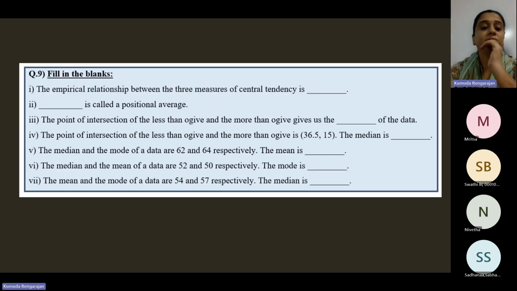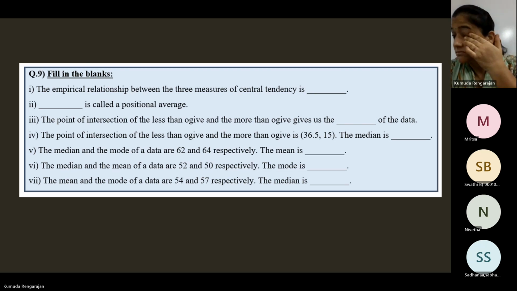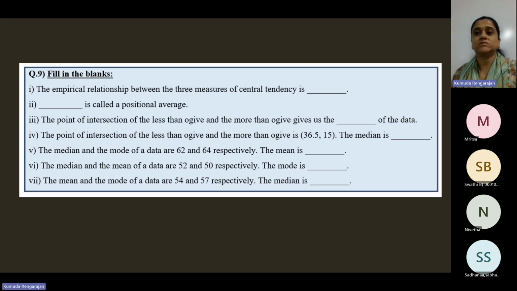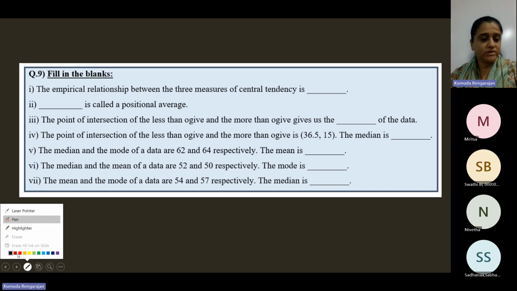Tell me. Answer these questions. Just write the final. I'll share this image with you on WhatsApp. You can write it down later. Just work it now. Just write the answers.